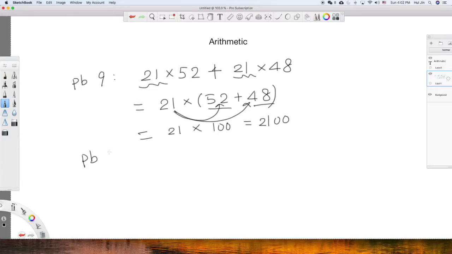Okay, problem number 10. Just a little bit more involved, to illustrate the point that the distributive law also works when you have more terms. Okay, just think for a moment.